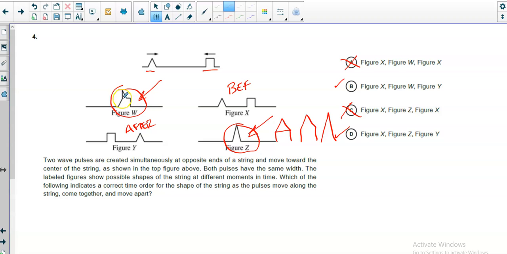I'll try to draw this: when the triangle is, say, here, and the square is here, they'll combine to make this bizarre shape. So the correct answer is going to be XWY. B, I believe. Yes.